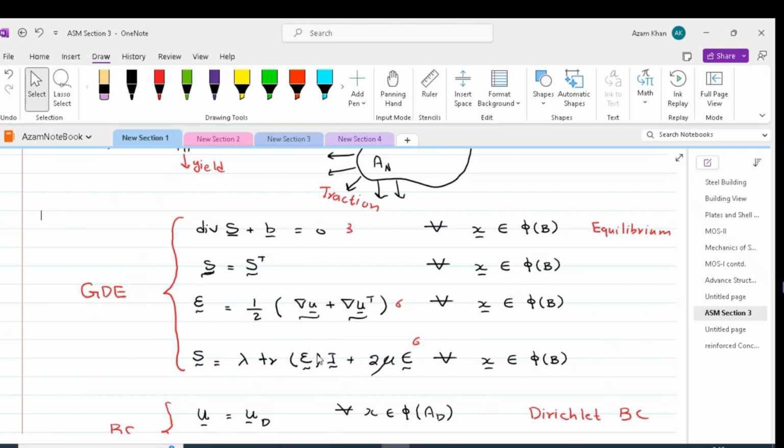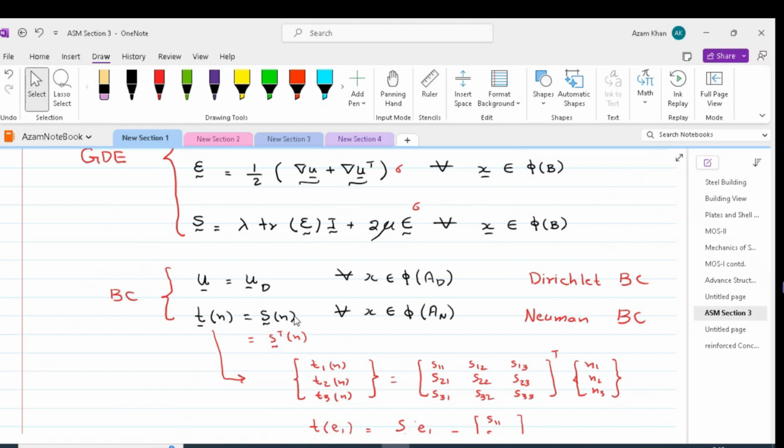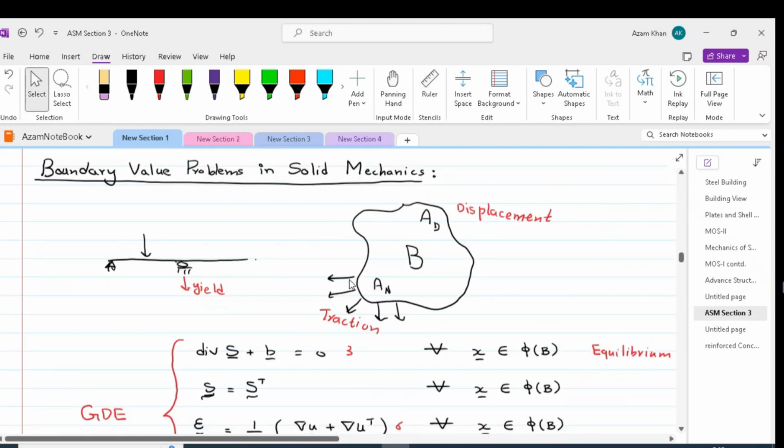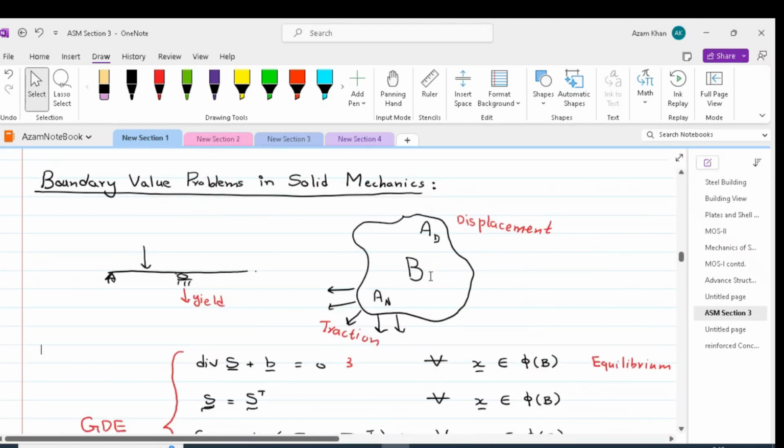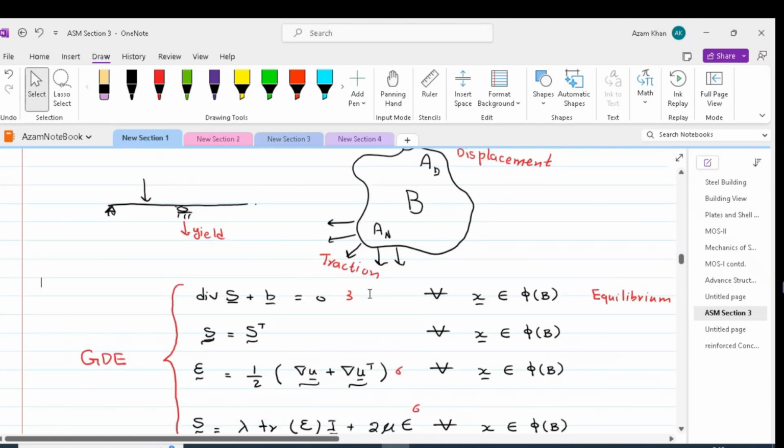Thus, all these equations are necessary to the statement of a mechanics problem, like, for example, bending of a beam or torsion of a bar. However, they are not sufficient to solve such problems. In addition to these equations, which describe what is happening inside the body, we must also describe what is happening on the surface or boundary of the body.